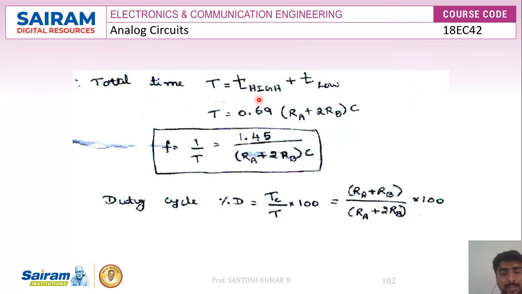So total time is T high plus T low, which is equal to 0.69 into RA plus 2RB into C. Frequency is the inverse of time, so we get 1.45 divided by RA plus 2RB into C. Duty cycle is the charge time divided by total time. So we get RA plus RB divided by RA plus 2RB into 100.